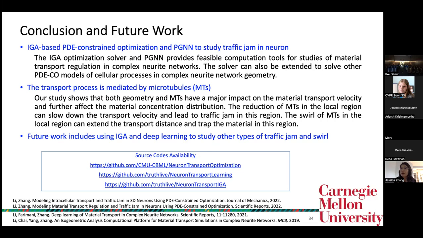We are talking to each other, trying to see how we can validate with each other between the computation and experiments, to try to understand the neuron degeneration disease, certain features of the tau protein, in a better and more systematic way. We have several papers published along this direction, and we also published our source code and the data in the GitHub link. If you are interested, you are welcome to take a look.